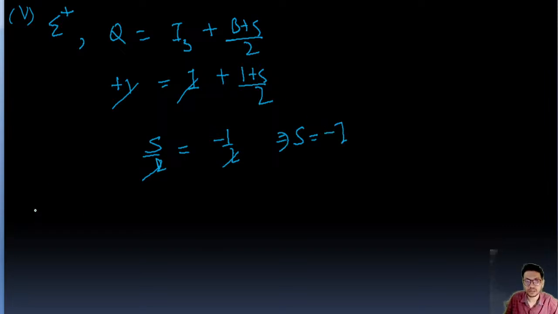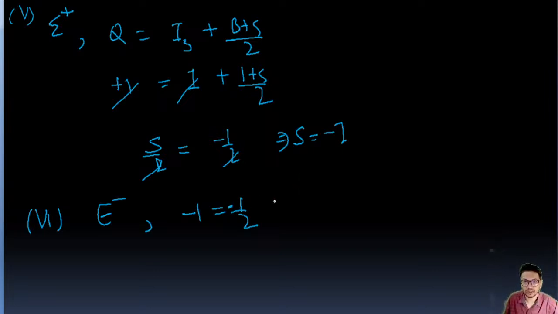Similarly, sixth, we have to find for cascade minus. The formula is the same. Q is minus 1 charge. I3 for cascade minus is minus 1 by 2.